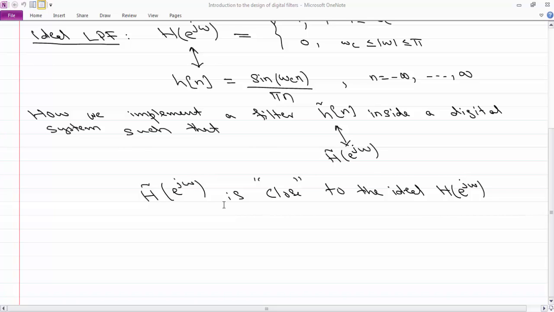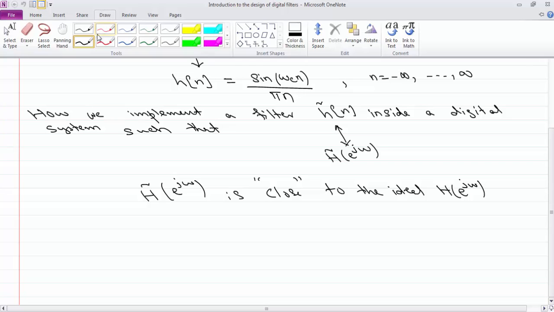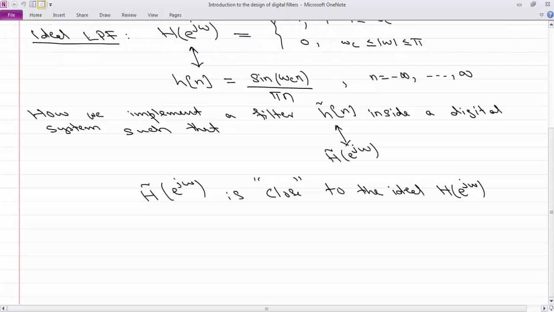So there are two main ways in which we can achieve this objective of designing an implementable filter. And the first, so there are two solutions.